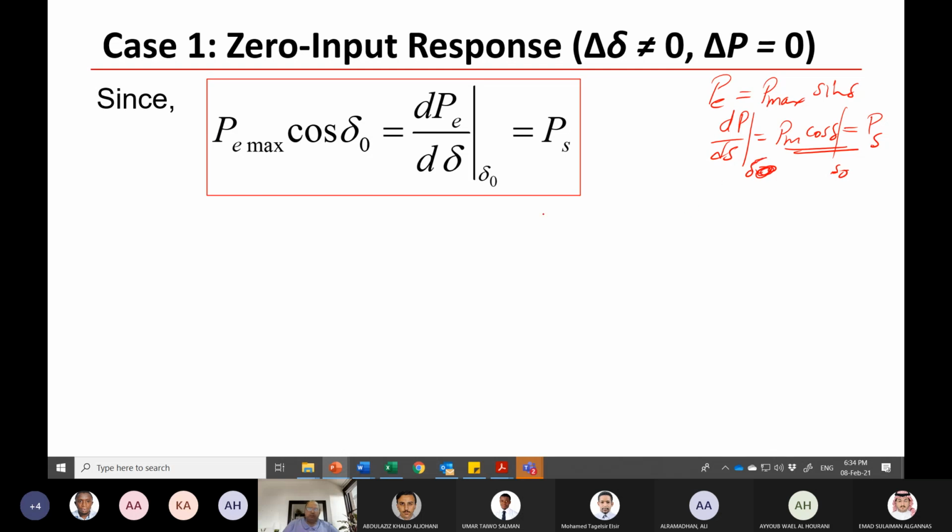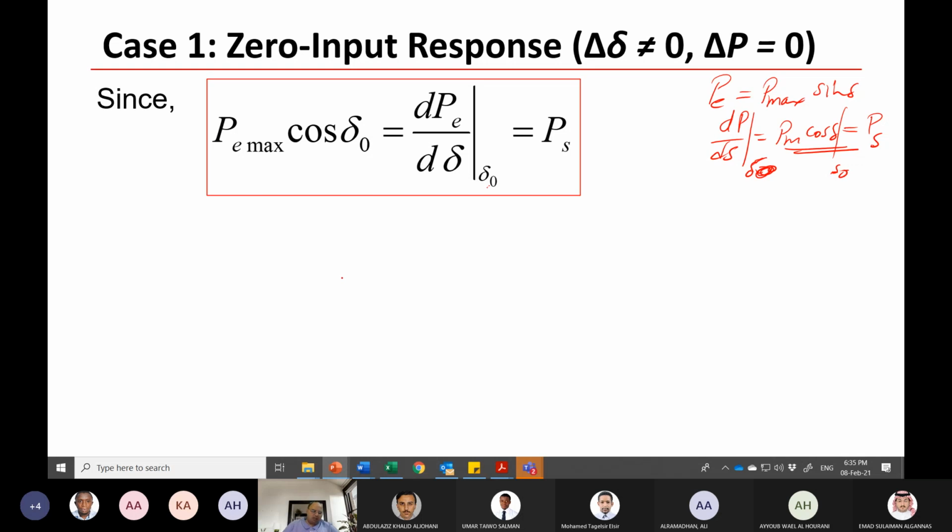So this is the derivative of the power with respect to delta calculated at delta 0. If this is the definition of the synchronizing power coefficient, what do you think is the stability condition?